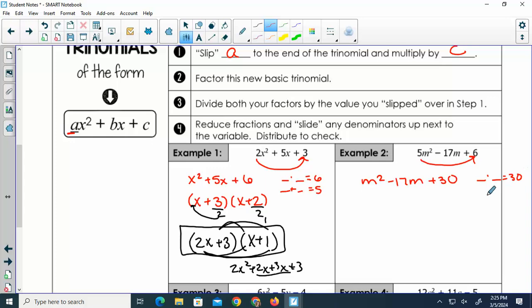I need two things that multiply to a positive 30 and add to a negative 17. So that's m minus 15, m minus 2. All right, but I started my problem multiplying by 5. So now we divide each of these by 5.